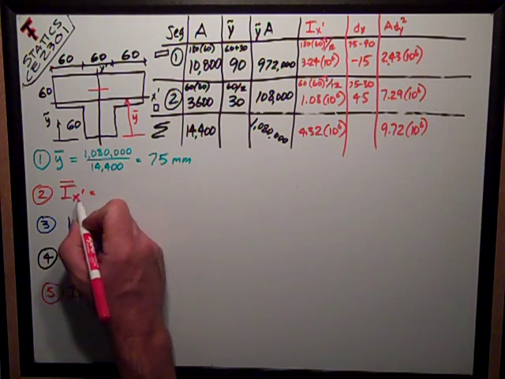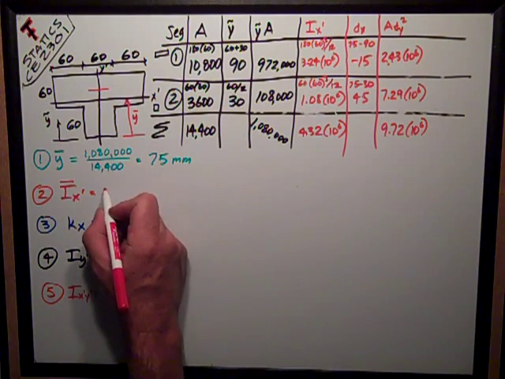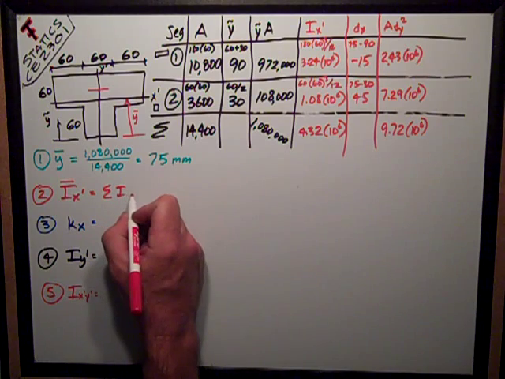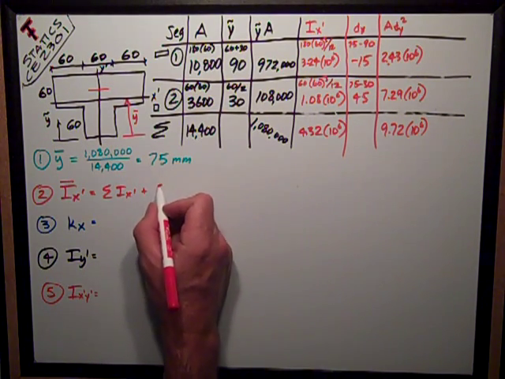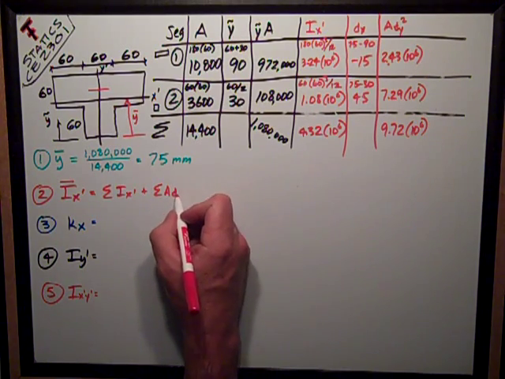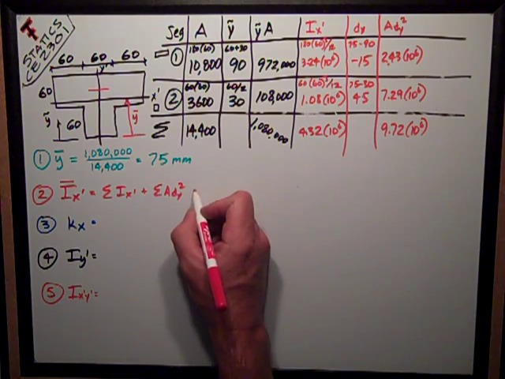Now, Ix prime of the whole composite shape is the sum of the individual Ix primes plus the sum of the A dy squared terms, just the parallel axis theorem.